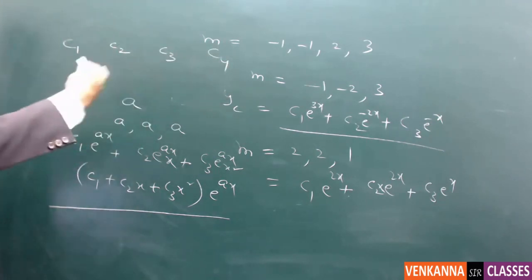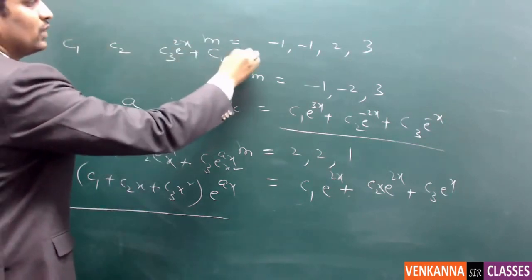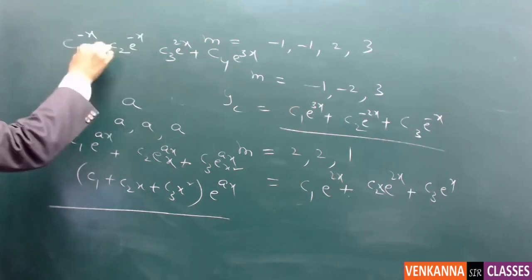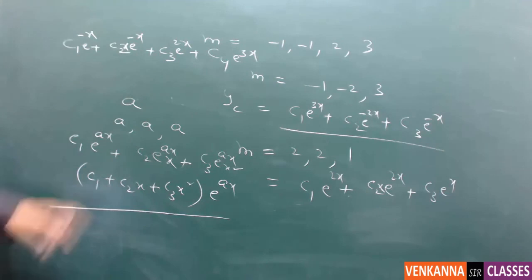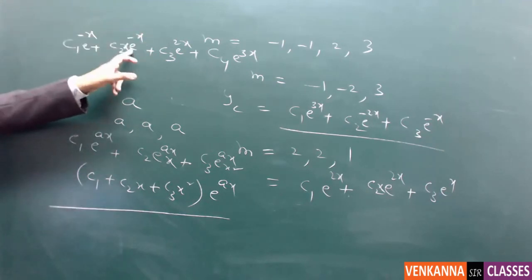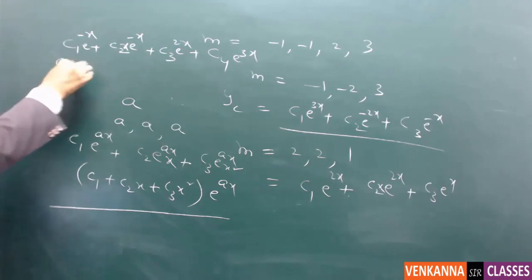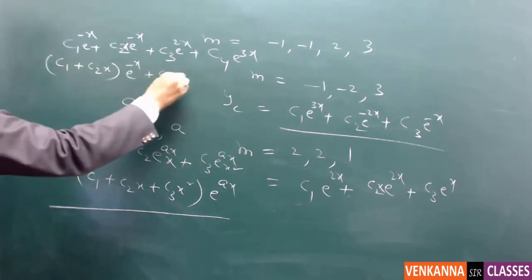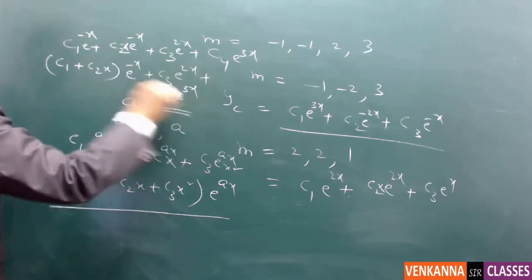You can write them in any order. So C3 e power 2x, C4 e power 3x, C1 e power minus x, C2 e power minus x. Since this is repeated, you take x. This x can be written here or here, no problem at all. So C1 plus C2x into e power minus x plus C3 e power 2x plus C4 e power 3x is the general solution.